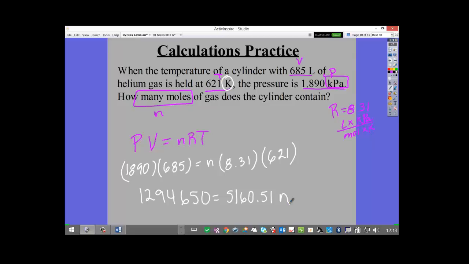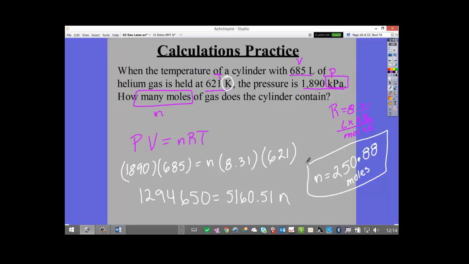That gives you n equals 250.88. 250.88 what? Moles. Yes. So this is my answer. All right? Any questions on this one?